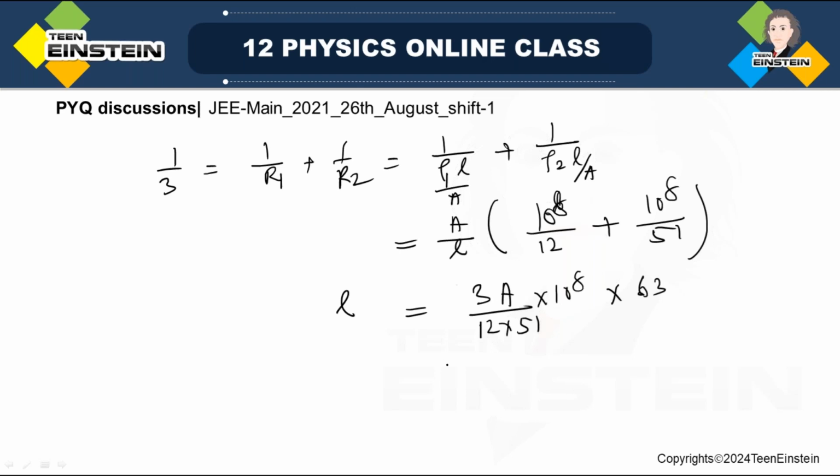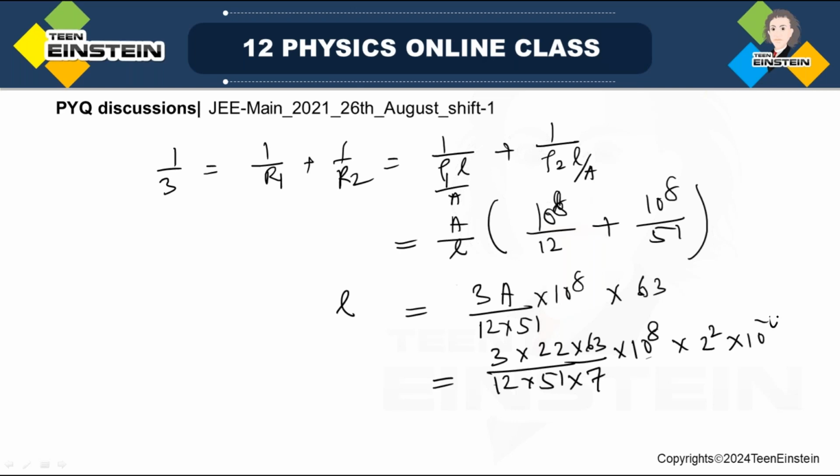All right, so here still I have to put this A. So A is pi d square, d is actually 2 into 10 to the power minus 2, so 2 square and 10 to the power minus 4.